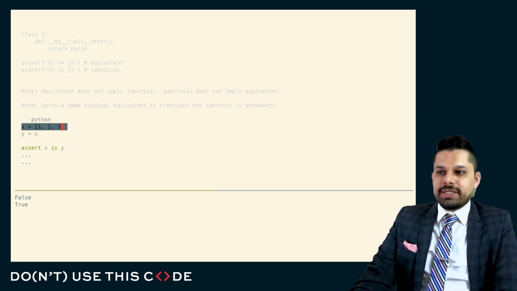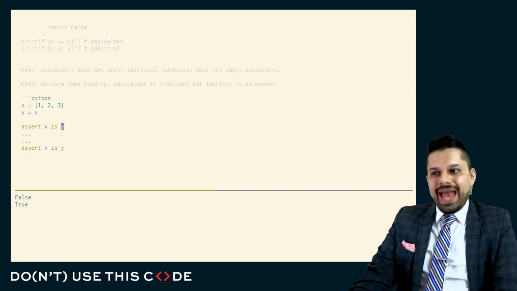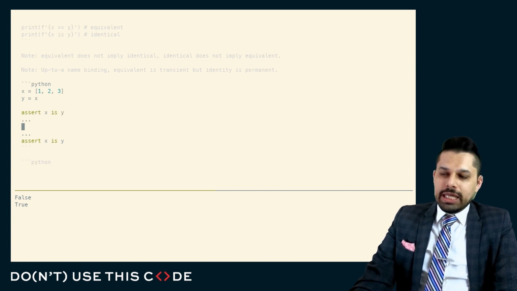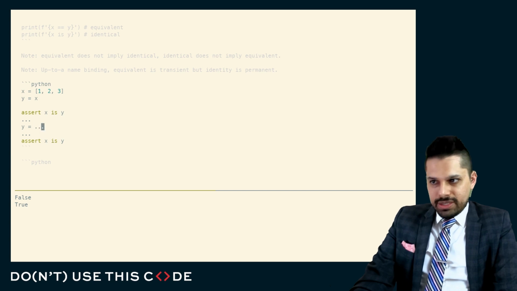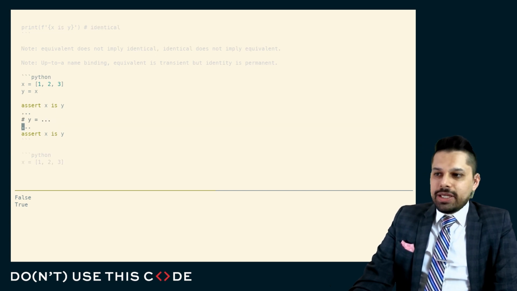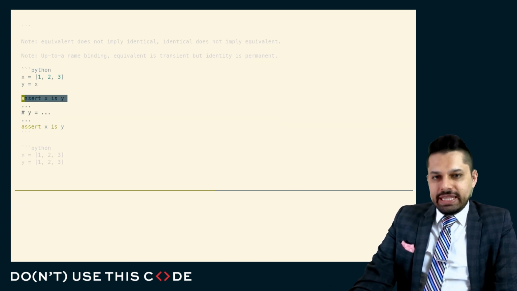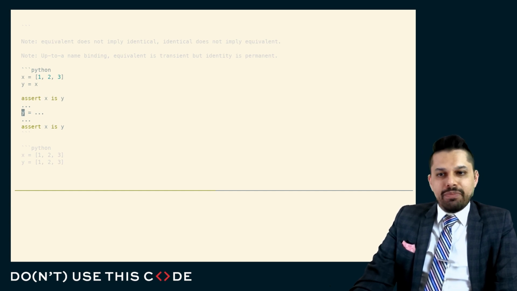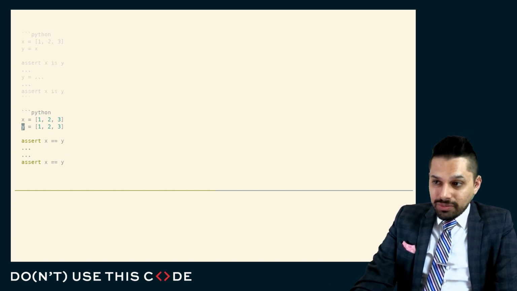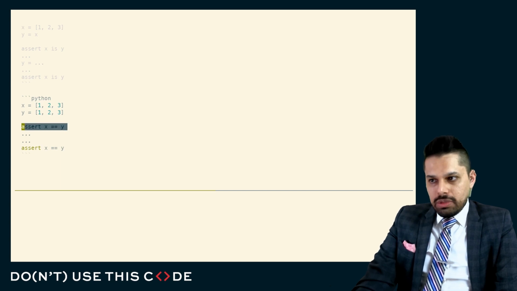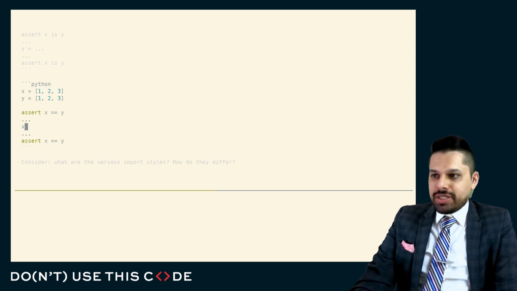What I mean by this is if at some point in time x is y, unless there is a name binding, unless there's a line of code that says y equals something somewhere here, x is y forever after. The only thing that can change x is y from being true to false is a name binding. However, if x equals y, many, many things can change.